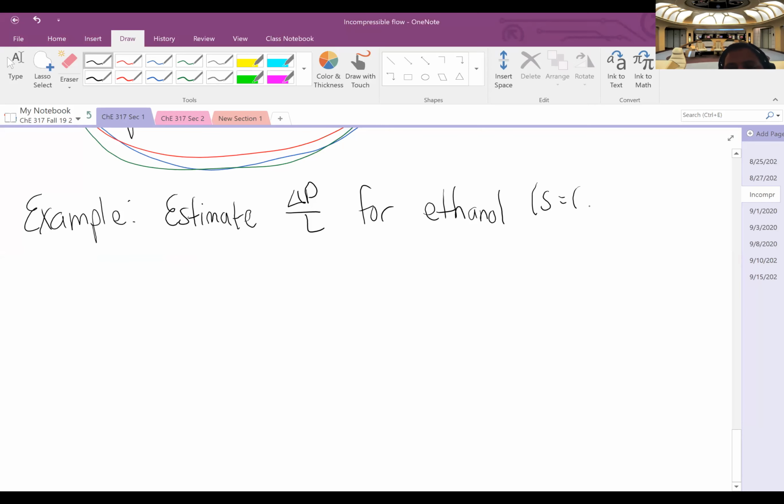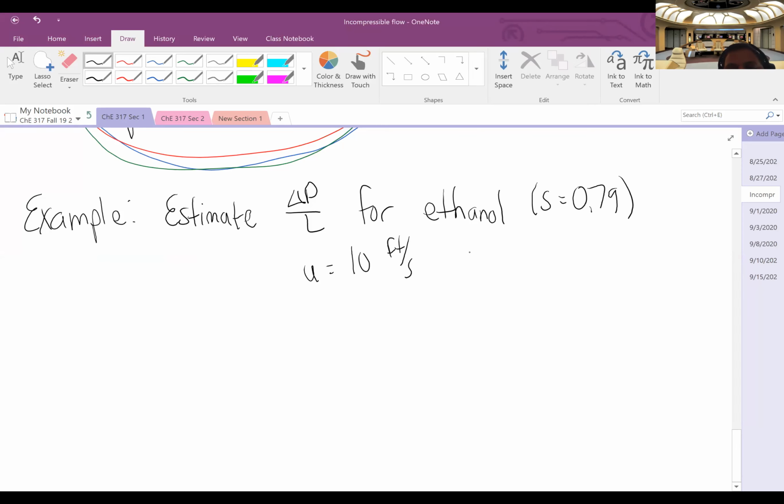The specific gravity is 0.79, flowing at 10 feet per second through a 3-inch Schedule 40 pipe, which gives us a diameter of 3.068 inches, assuming our friction factor is 0.005. So I would go up to this version of my expression. Delta P over L is equal to 2 times the friction factor times my fluid density times the velocity squared divided by the diameter.